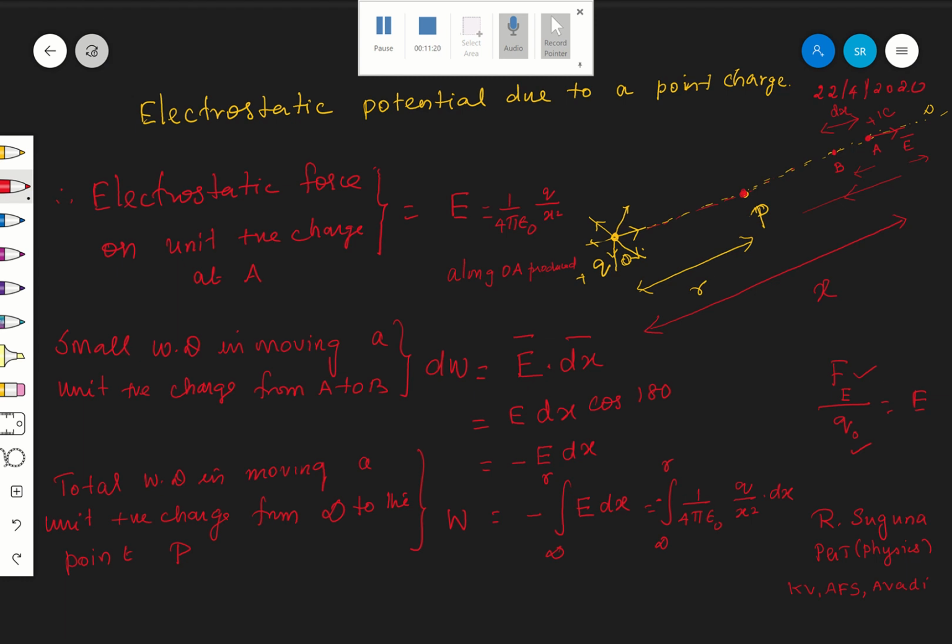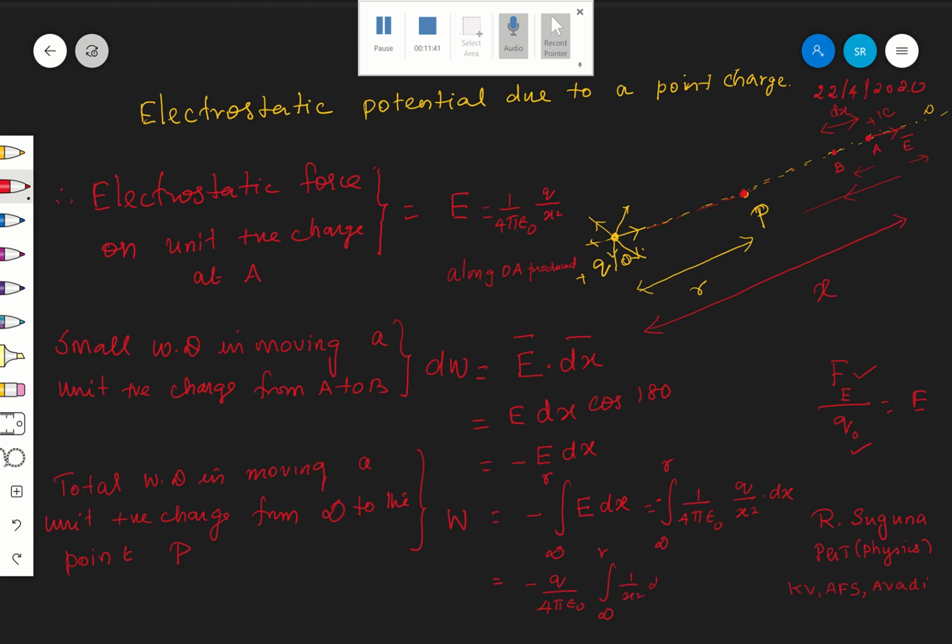Therefore, that is nothing but minus Q by 4 pi epsilon naught, taking it out, integral from infinity to R of 1 by x squared dx.